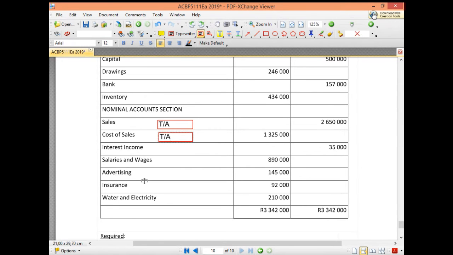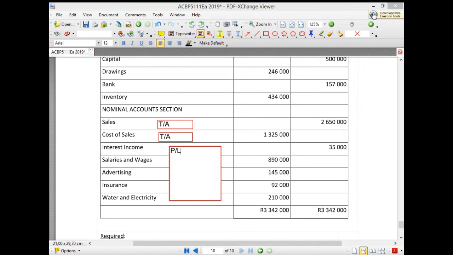That means if we've taken those to the trading account, the remaining items in here, the other income and expense accounts, would go to our profit and loss account. Okay, now I'm going to stop sharing the PDF and share the Excel with you guys so that you can see how we complete the account.